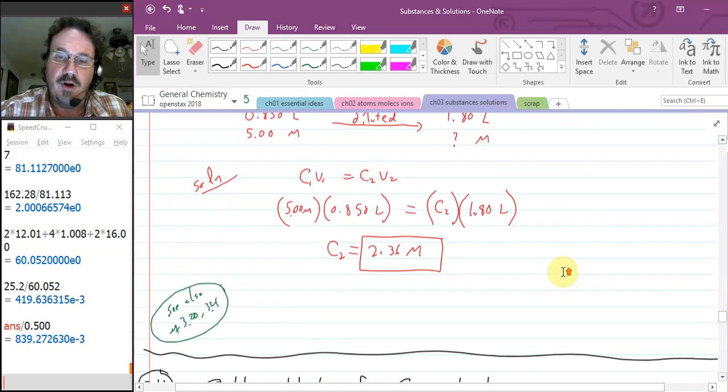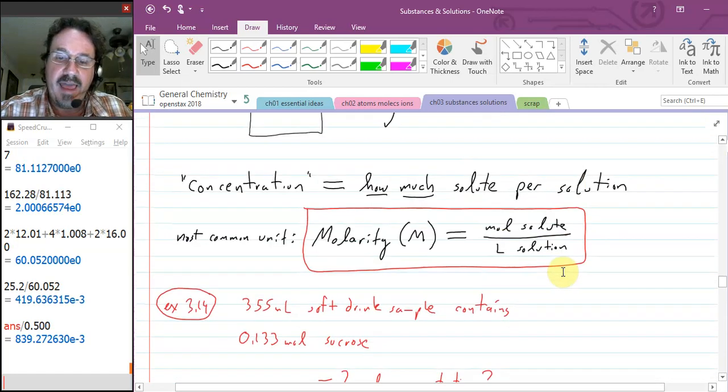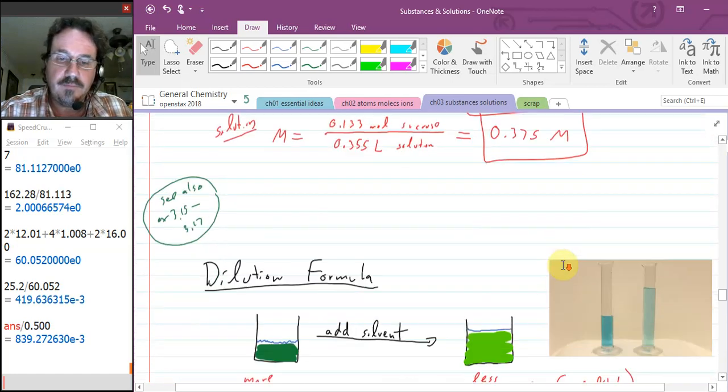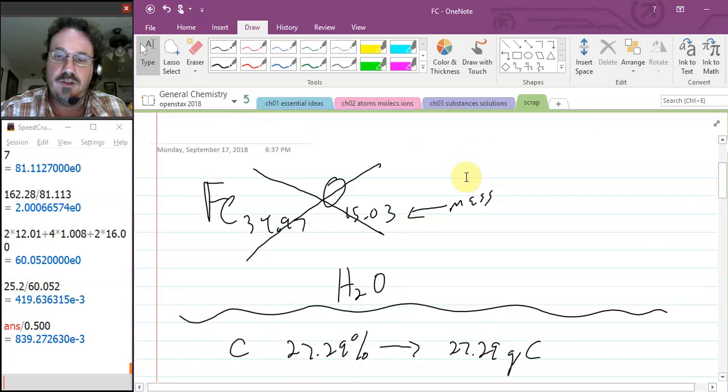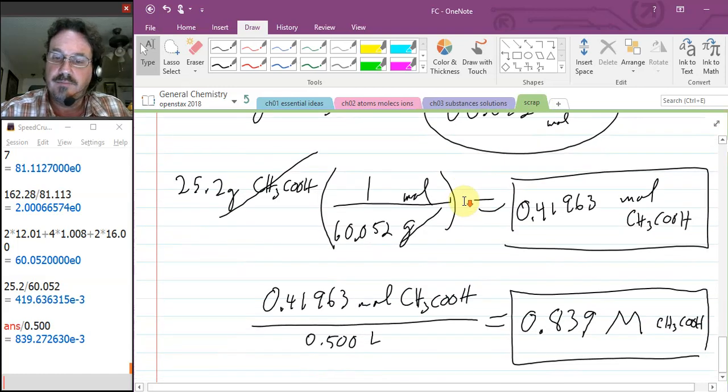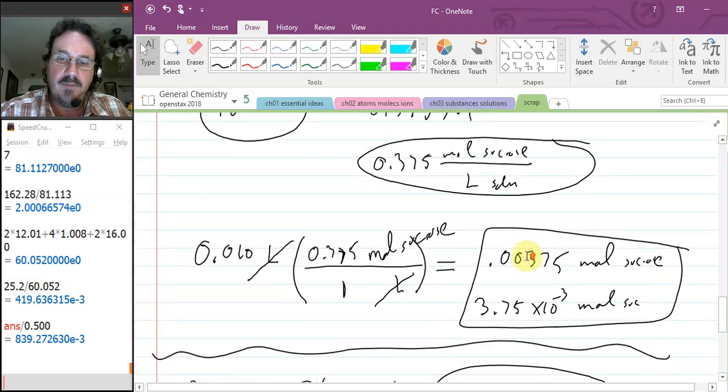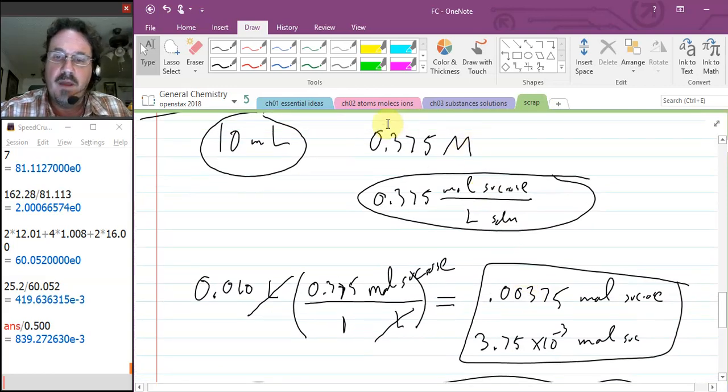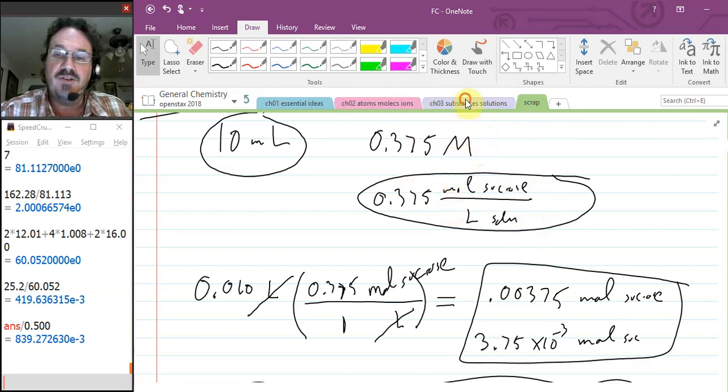When they gave us a concentration such as 0.375 molar, capital M, we interpreted that to mean, oh, I know what capital M is. It's moles of solute per liter of solution. So I didn't just leave it as 0.375 capital M, molarity. I did the interpretation of what it really meant. And we're going to do the same thing here.